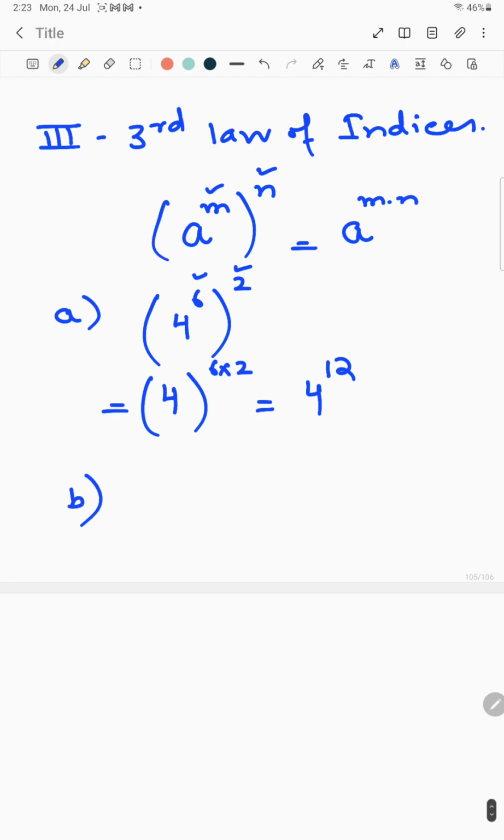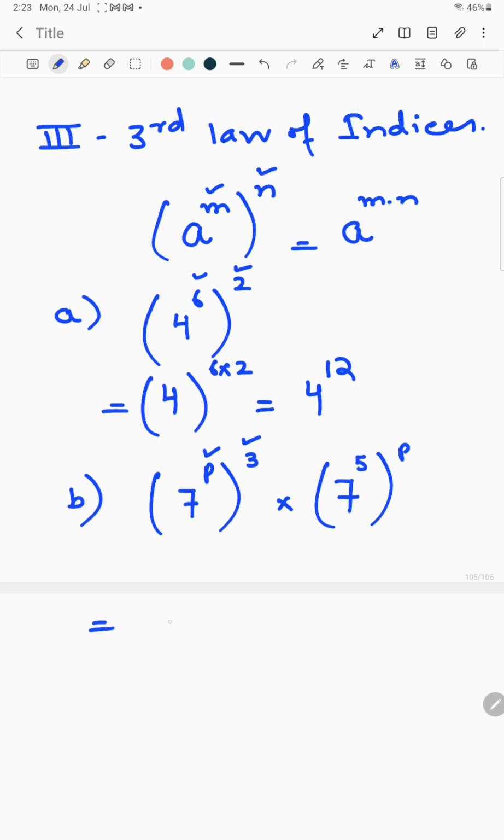If you have 7 raised to power p whole raised to power 3 times 7 raised to power 5 whole raised to power p, the powers will be multiplied with each other.